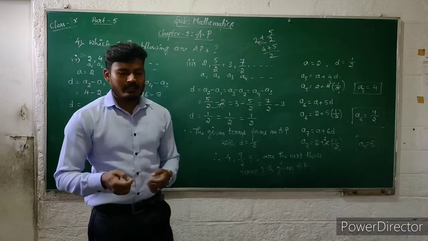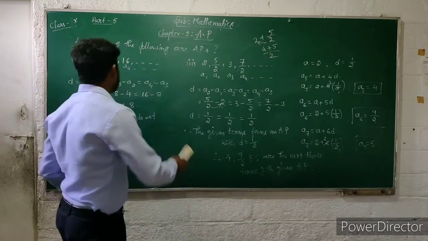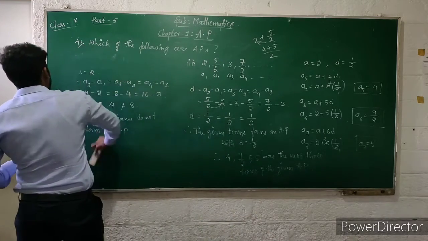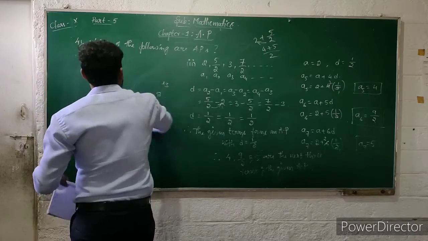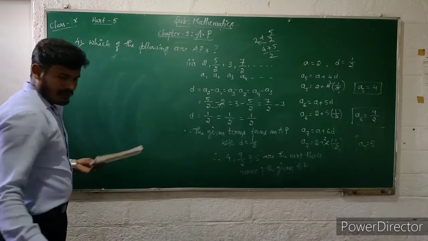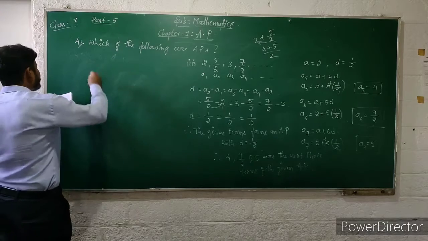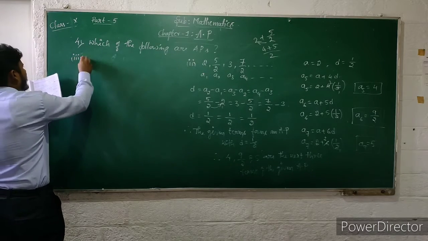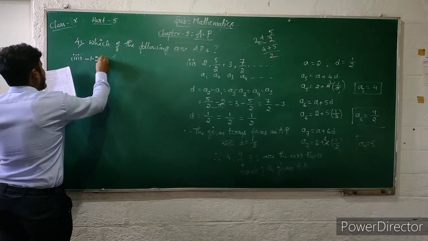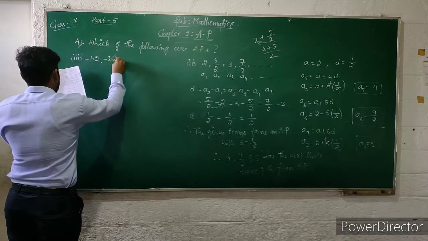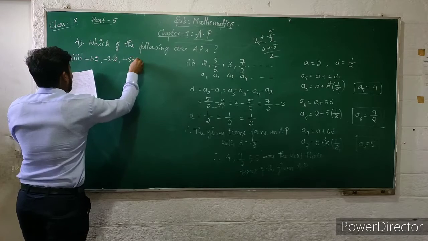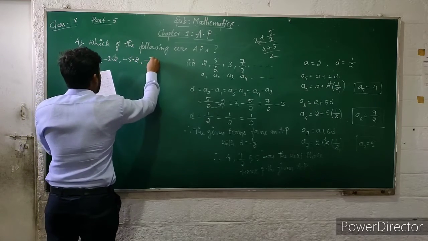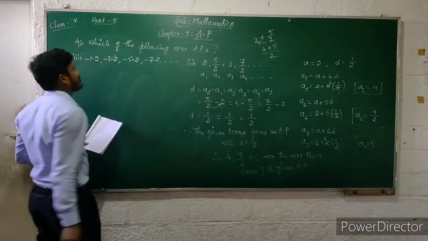Then moving on to the third question. Here the third question is minus 1.2, minus 3.2, minus 5.2, and minus 7.2, and so on.